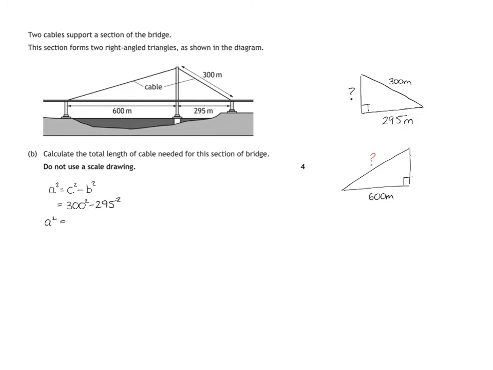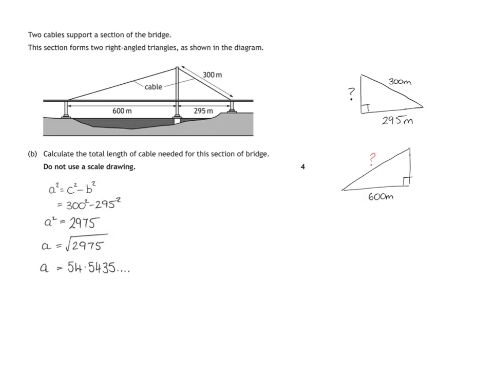So I get 2,975. I can square root this if I want to. So the square root of 2,975 is equal to 54.5435, and it keeps going.